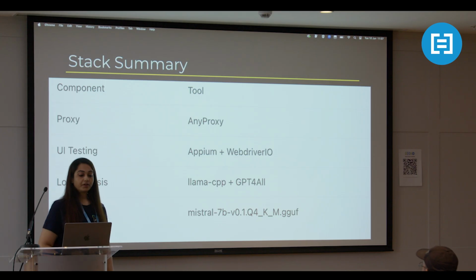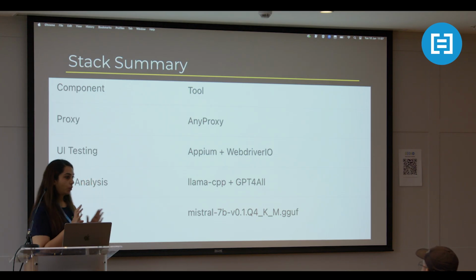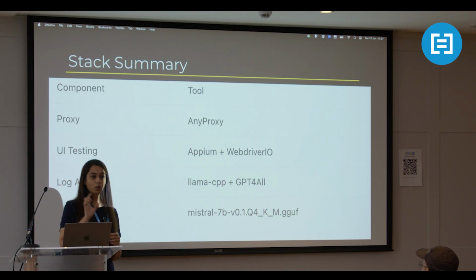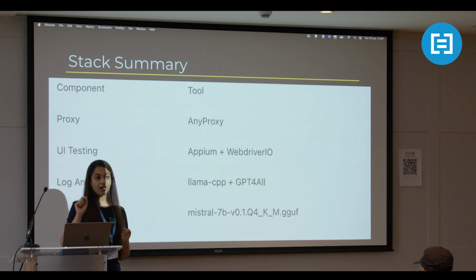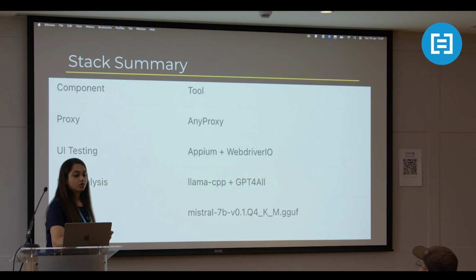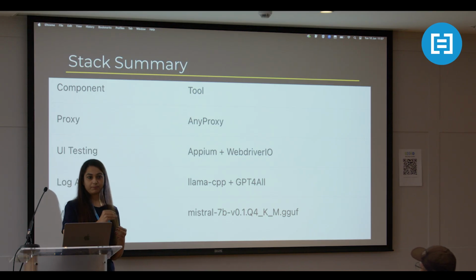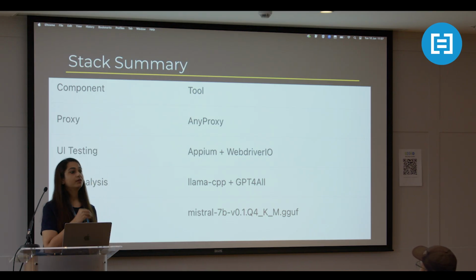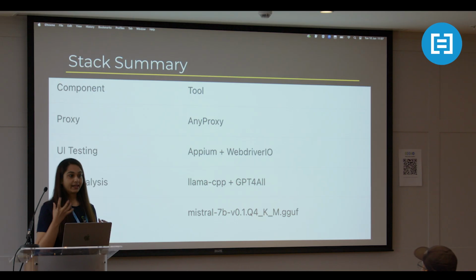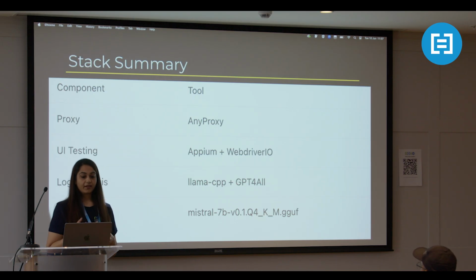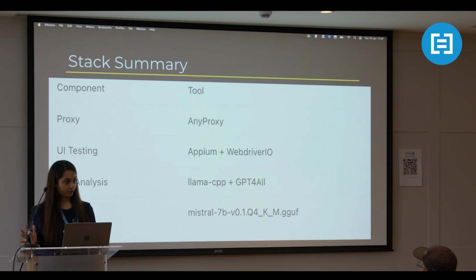So the overall flow is such that UI testing is done. During the UI testing, it will start and stop the proxy, any proxy, which in turn intercepts the API. It injects whatever request I want to inject, gets the response, takes this response, and creates a log out of it.